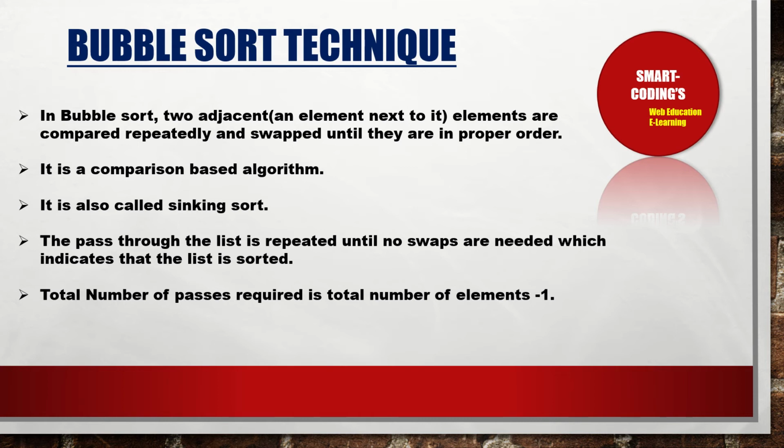If no swapping is required, it indicates that the list is already sorted and we have got the final output. I will demonstrate this soon with an example. The total number of passes required is the total number of elements minus 1. Keep in mind, if the number of elements in an array is 5, the number of passes required is 4.